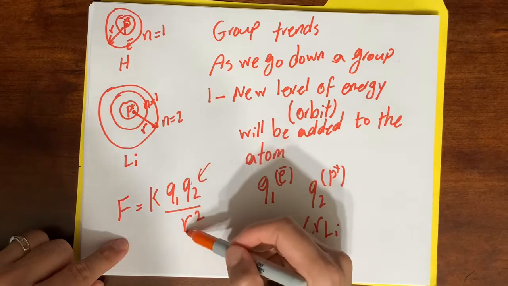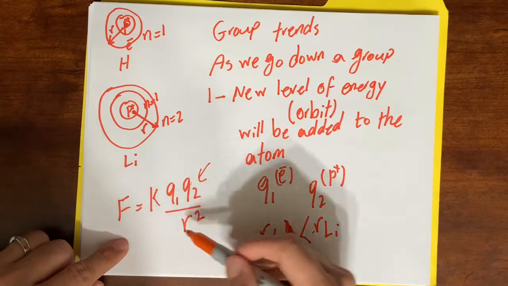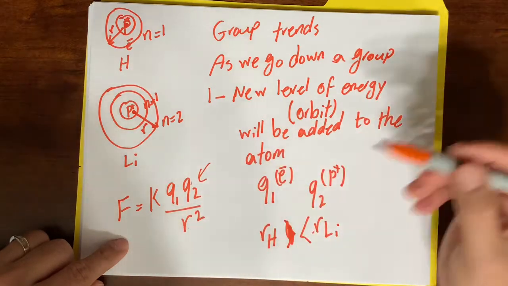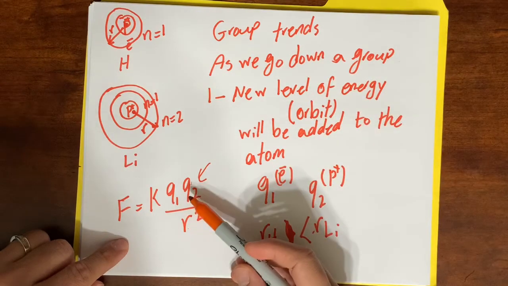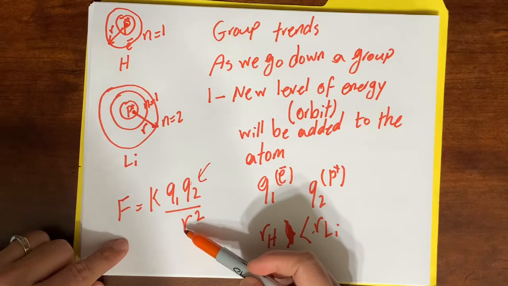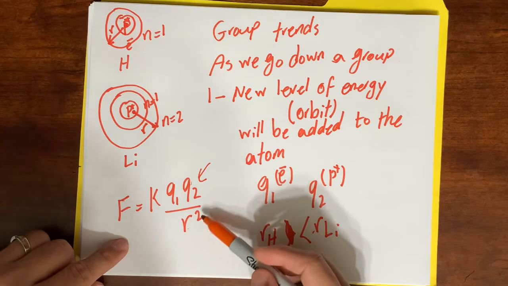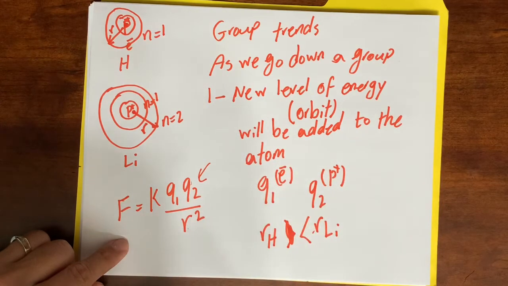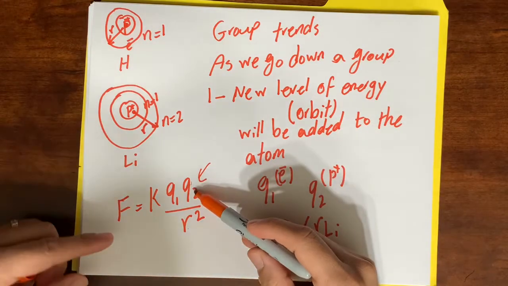And because we are dividing by R squared, force will be 4 times smaller than the initial. So as you see, the effect of adding protons is less than the effect of increasing R. And because R is getting squared, the effect here is way stronger and more effective than increasing number of protons.